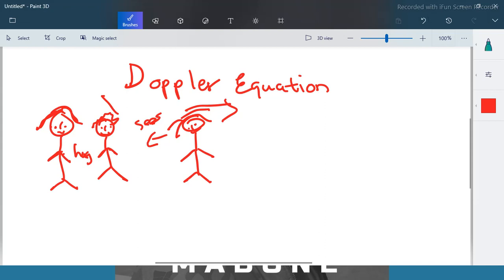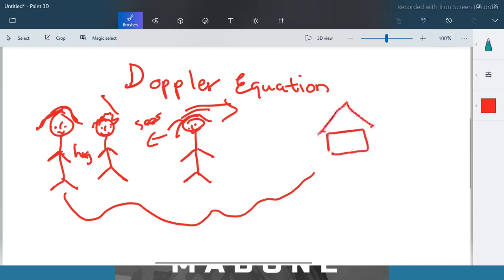And now you have to walk home. This is your way home. I'm trying to create a pathway. And this is where you live. Okay, guys. Now, the distance from the school.